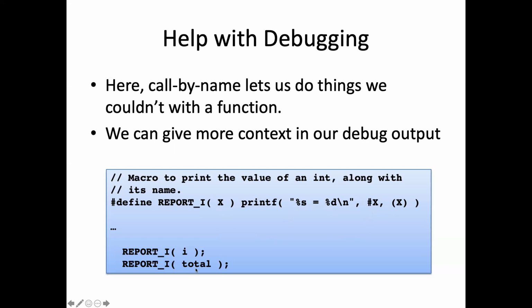Here it'll evaluate to total. So this will expand to a little debug message that not only prints the value of a variable, but says the name of that variable as it generates a report. So this could make it a little easier to add debugging code, and as we'll see in a moment, to remove it when you don't need it.